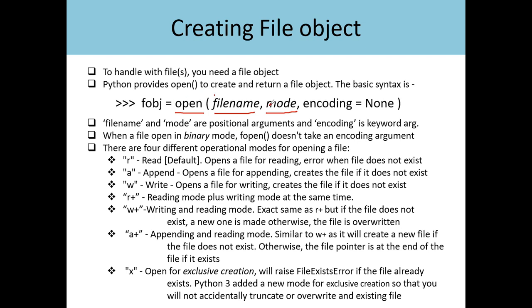First one is your file name. Second one is your file mode. You can open a file in different modes. What do you mean by file mode? File name and file mode are two positional arguments, which means you need to give at least these two arguments to open a file.